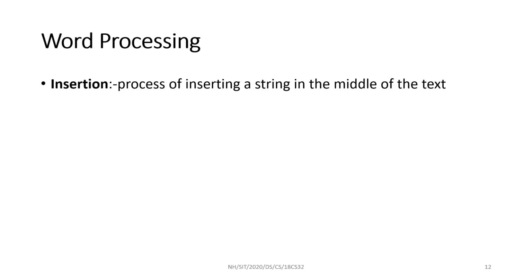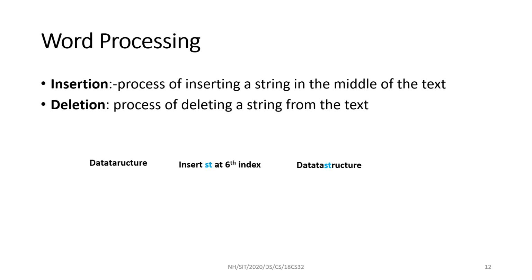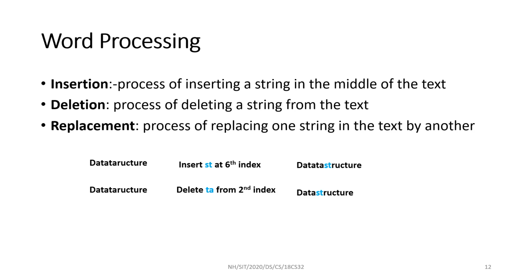Then word processing. We can insert a new word into the string, we can remove a string, and we can replace an existing string. The first one is insertion. Process of inserting a string in the middle of this text, need not be the middle, it can be at the end also. Now, this is my string.